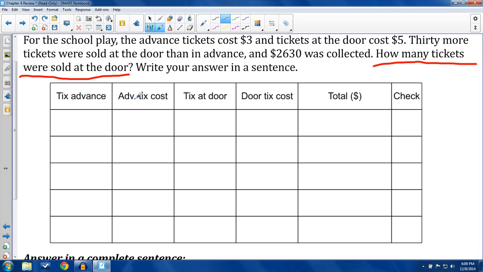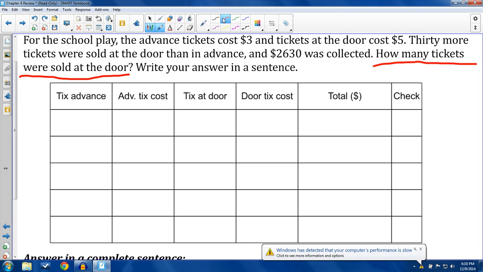Not really the cost of buying one advance ticket, but how much money you got from how many were purchased. Because the total is in dollars, right? I don't want to see how many tickets I got for each of these and add them up and get dollars. I need to see how much they cost or how much we got total from it. So I added 2 more columns. Try and fill in. I know you do have space on yours. Try and write in 2 more columns, and we can guess and check from there.